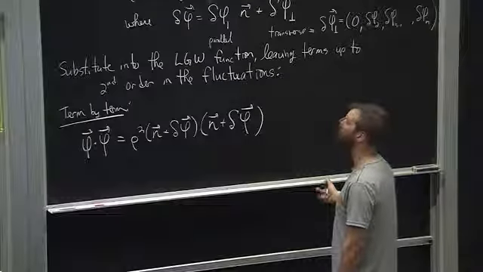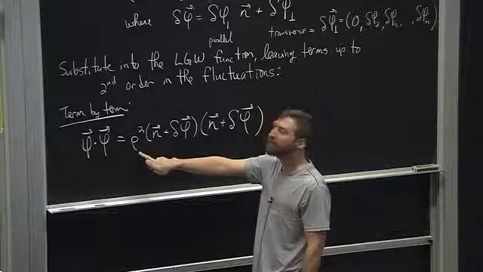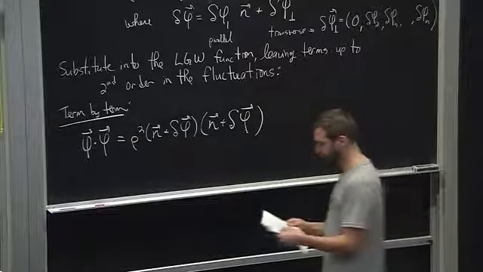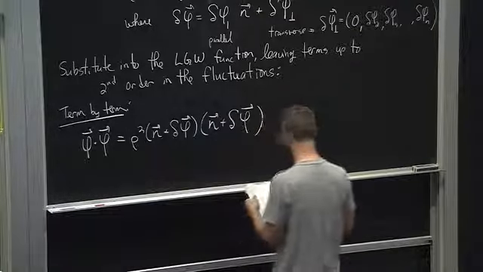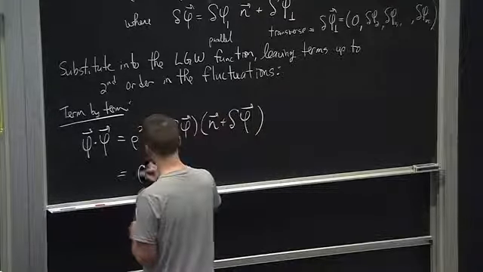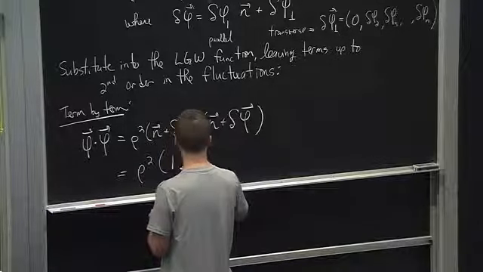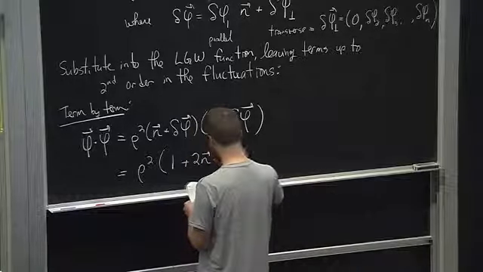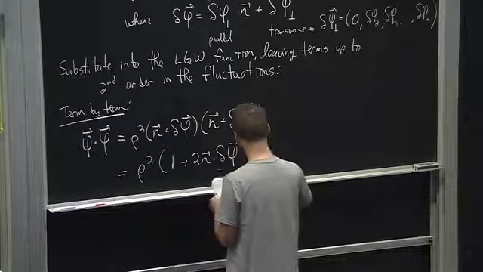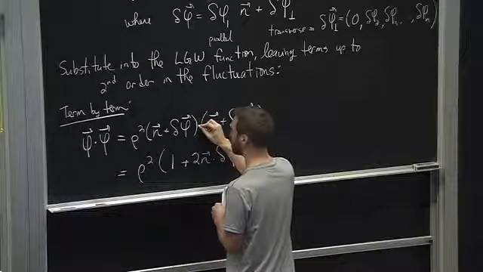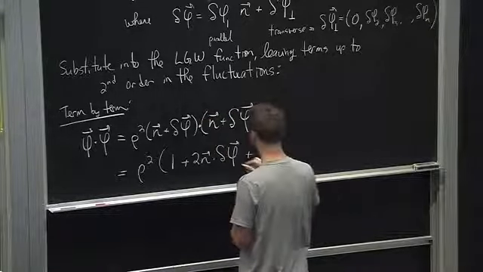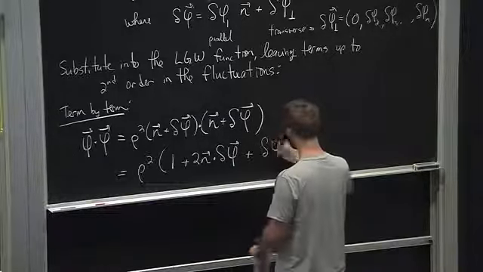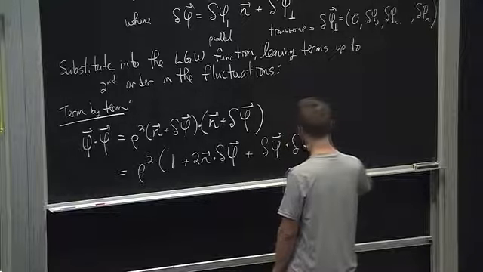Good, so I'll pull out the magnitude, rho squared out front. Then I just have n and the fluctuation squared. n dot n is 1. Guess I need a dot product here. And then I have the fluctuation dot product.